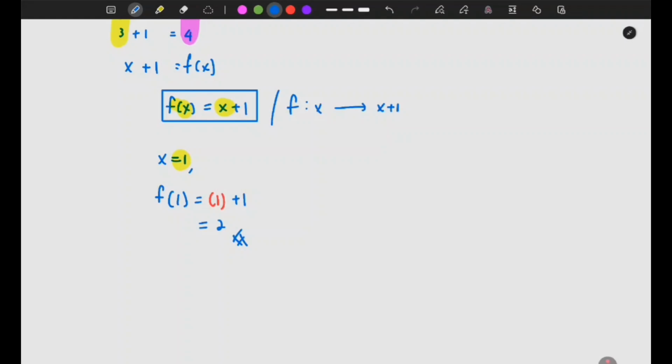Alright. So I think you're clear with the substitution and what is object, image, domain, codomain, and how the function can represent an arrow diagram, graph, coordinates.